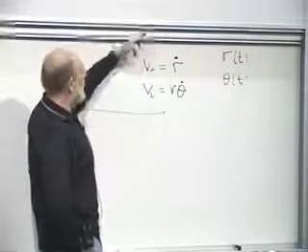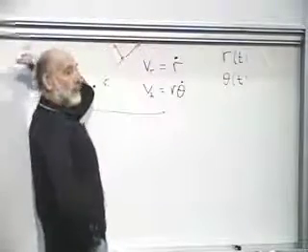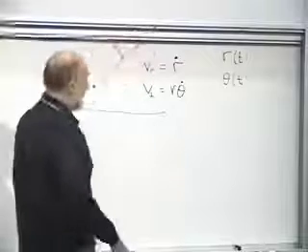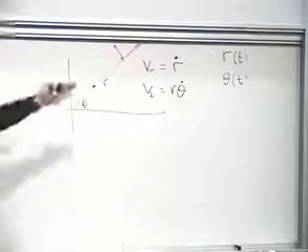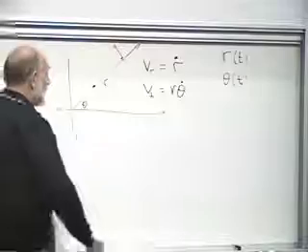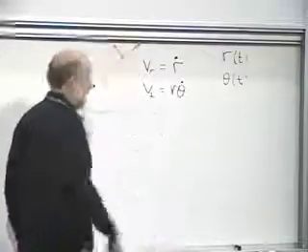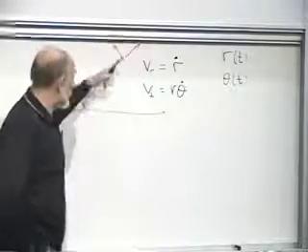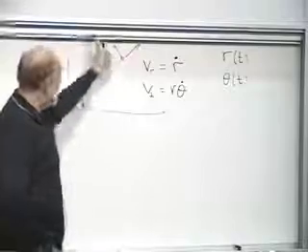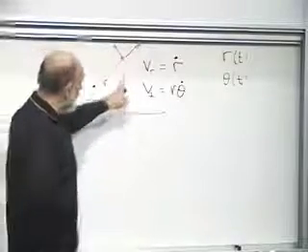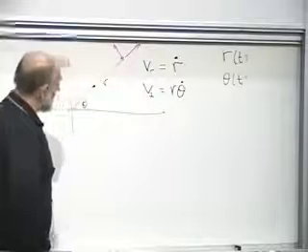The tips of my fingers are moving faster than my elbow. In fact, the velocity is proportional to how far away you are. But it's also proportional to theta dot, because if theta dot was 0, if there was no change in the angle, you would have no component of velocity along that direction. So these are the two components of velocity.